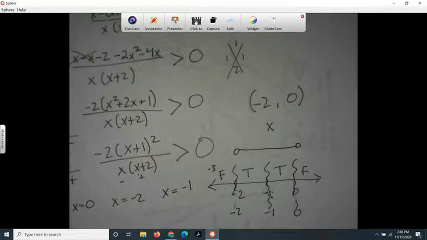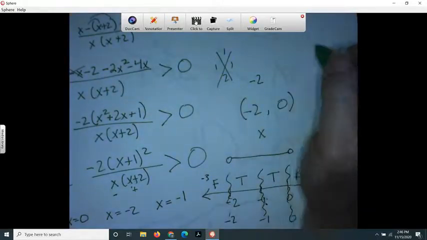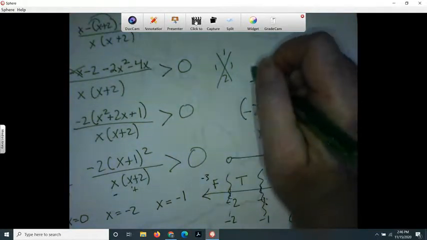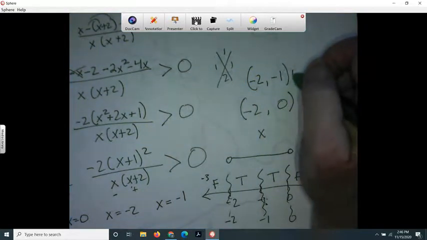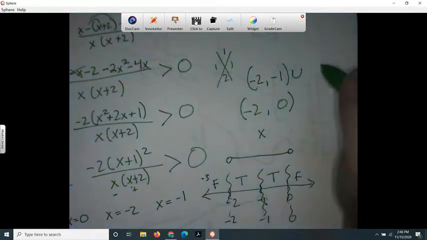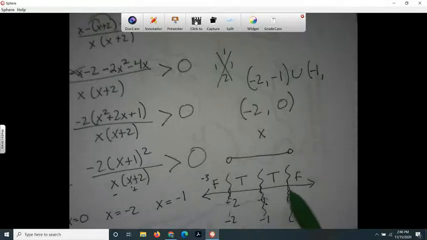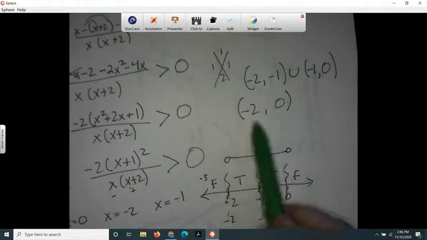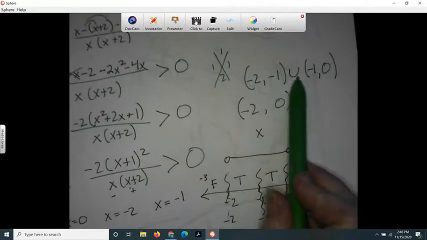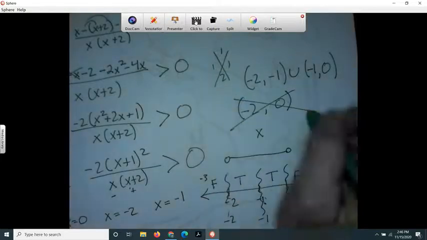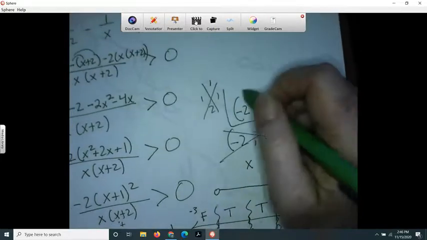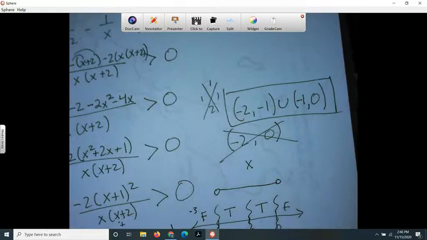So it's going to be between -2 and -1, and I have to union that with -1 and 0. I would have just written it like this, except that it's not allowed to be -1.